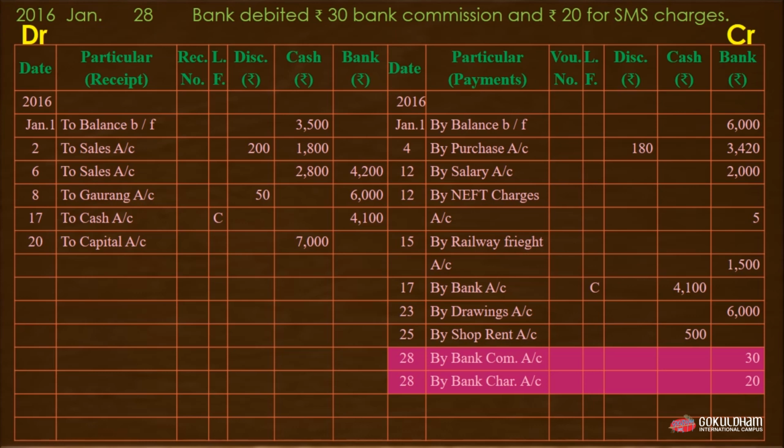First we record bank commission: in the payment column write "By bank commission account" and 30 rupees in the bank column. Then again we write bank SMS charges: in the date column again 28, and in the payment column write "By bank charges account" and in the bank column write 20 rupees.